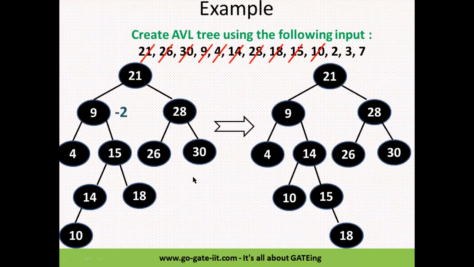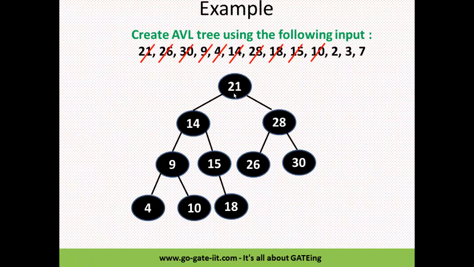In the same way, 14 has created the imbalance on this child, so we'll do a right left rotation. First we'll do a right rotation on 14, so it will lead to this structure, and again we'll do a left rotation on 14 as 14 is the root node. So what happens here, you will get a structure like this. 21 remains the same, the right hand side remains the same, the only difference occurs here.